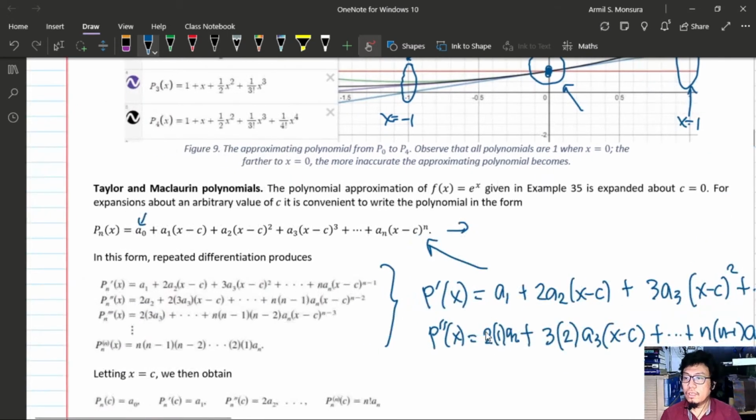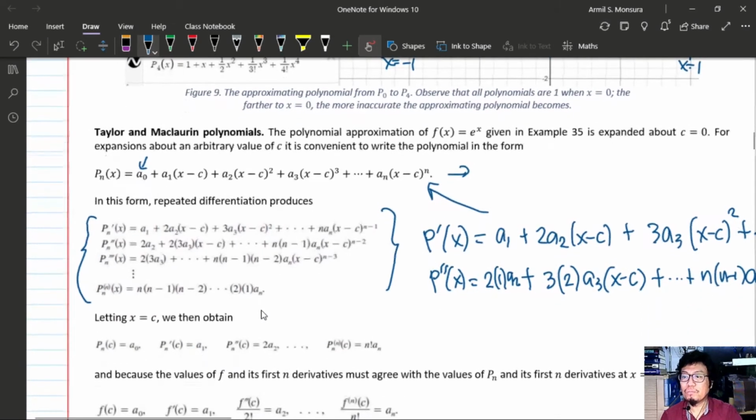I hope that you will be able to get a grasp of the abstraction of this differentiation. What we would like to know here is what would be the values of the polynomial and its derivatives at x equals c.